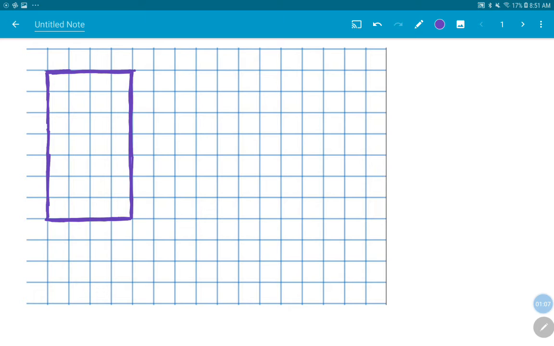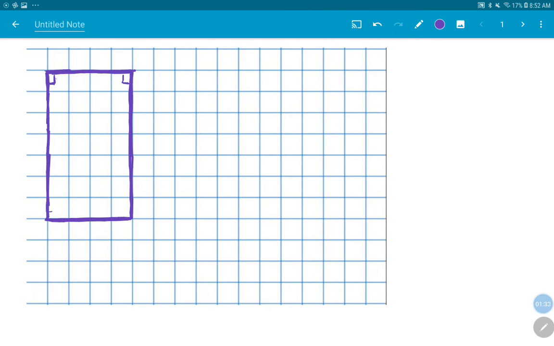Alright, so let's take a look at this rectangle and think about some of the things that you notice about the rectangle. So rectangles, I noticed that the opposite sides are the same length. It has 4 right angles. Here's a right angle.